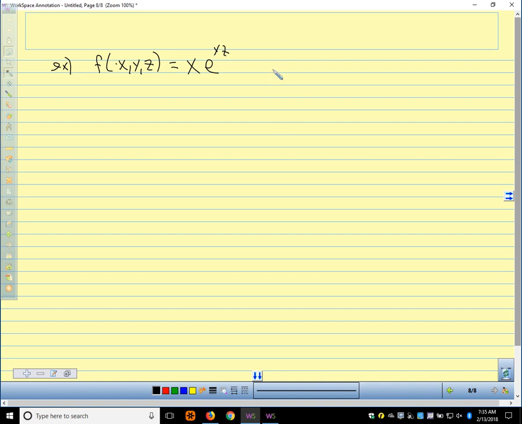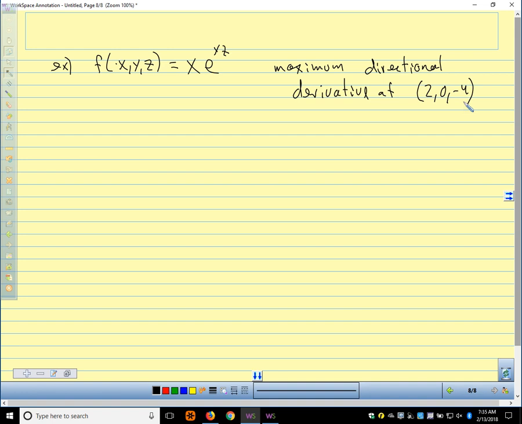We want the maximum directional derivative at the point 2, 0, negative 4. So what is this asking us to do? The problem says f of x, y, z is x e to the yz. Find the maximum directional derivative at 2, 0, negative 4.